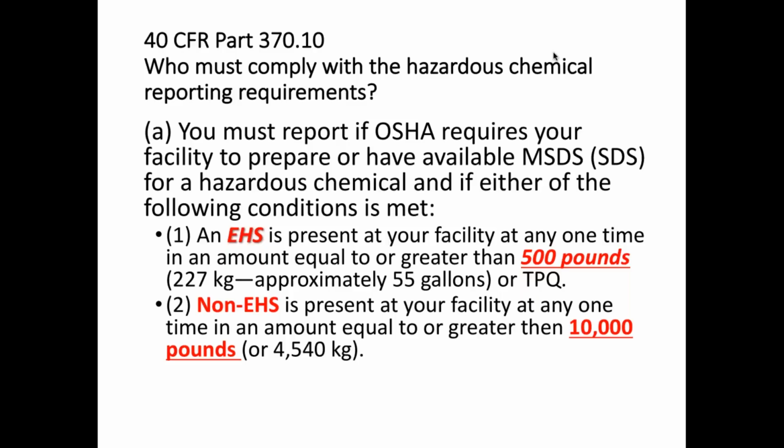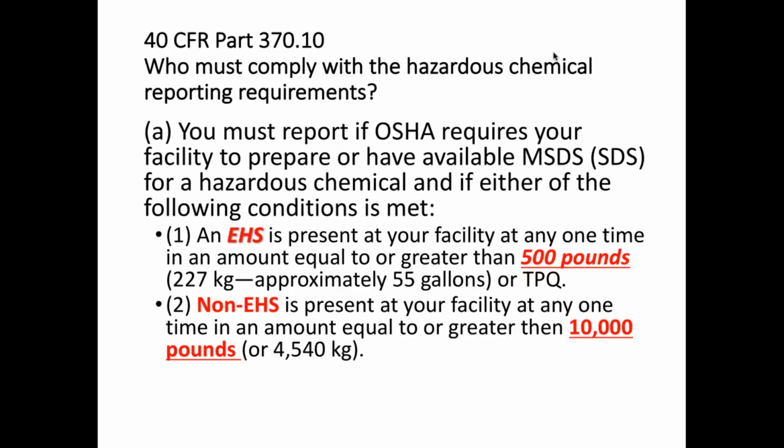To find out if your chemical is an EHS or what the threshold planning quantity is, you must look at the EPA's consolidated list of lists. There are approximately 300 chemicals on the EHS list. You can find that by Googling it or on the ePlan website, and I will show you that at the end of the presentation.